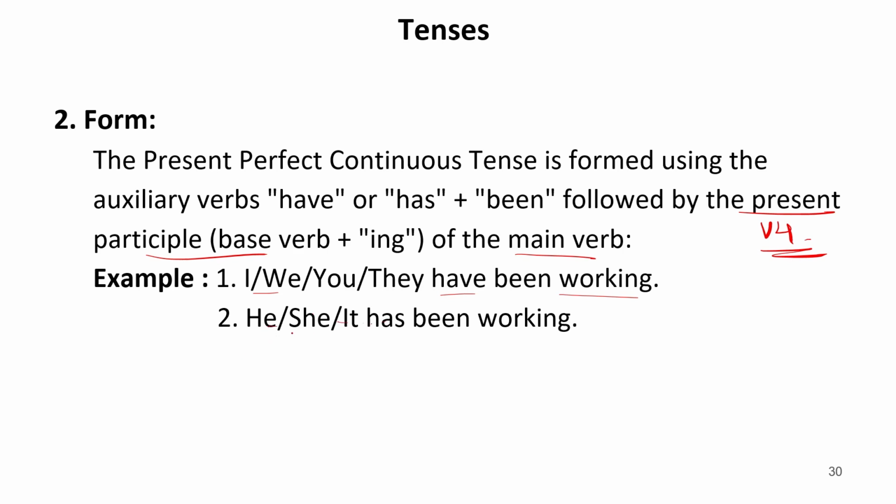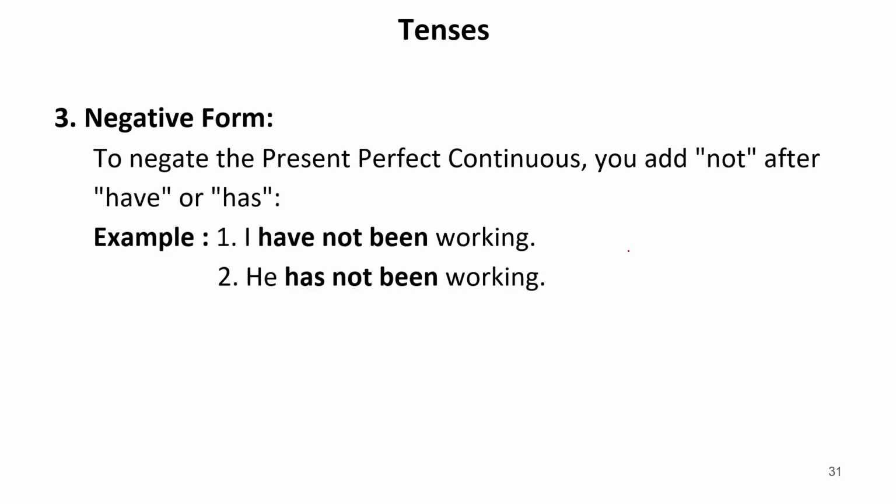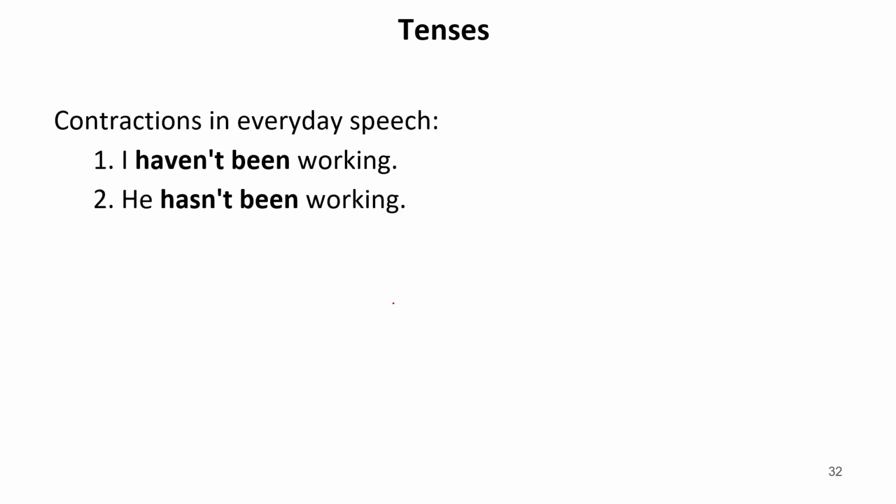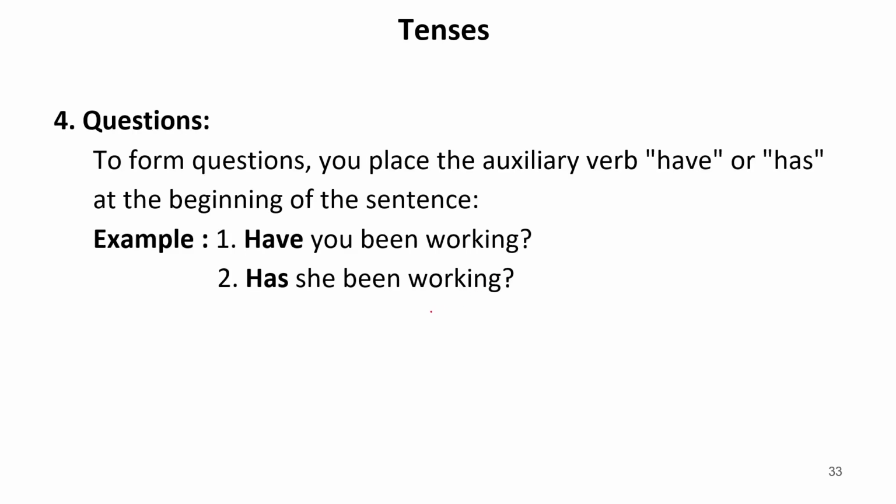With he, she, it, we will use has. For example, he has been working, she has been working, it has been working. Negative, I have not been working, he has not been working. Contractions, haven't been, hasn't been. For interrogative, have you been working, has she been working.